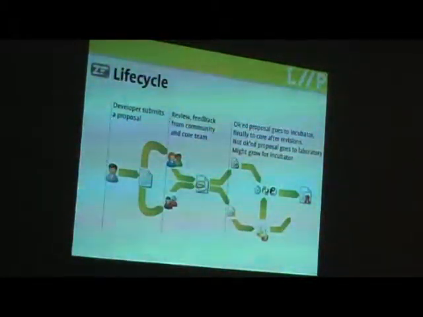So the development cycle of the Zend Framework usually is that a developer comes and proposes something to the community. Then he gets access to the wiki and posts that stuff. Then he gets reviews and feedback from both sides, from the community and the core team, whether this idea is a good one or whether he should better leave it.